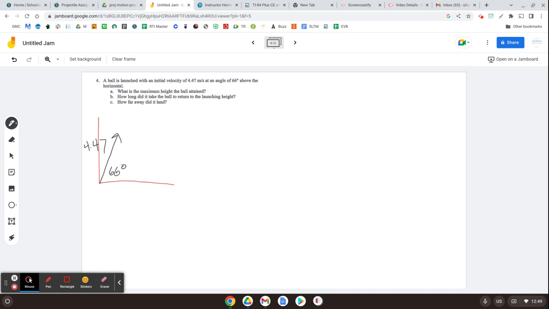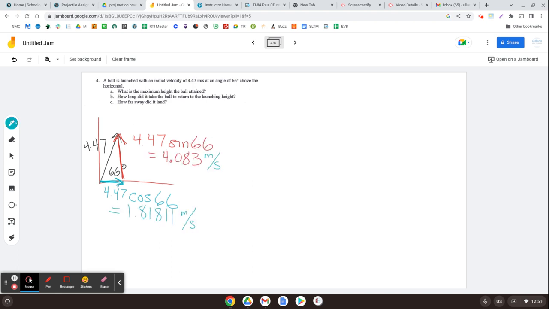Okay, so what we want to do, once again, is break up the velocity into horizontal velocity, and that is going to be 4.47 times cosine of 66. And then let's break the component into vertical velocity, and that's going to be 4.47 times sine of 66.